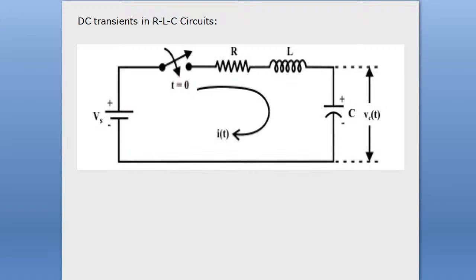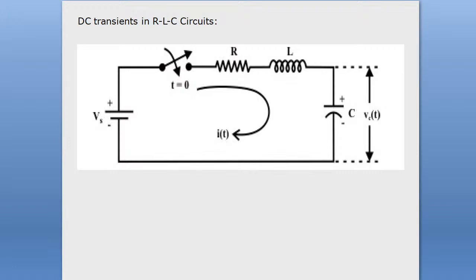But today we will discuss the response, especially the transient response, of a RLC circuit. That means our circuit contains a resistor, capacitor and inductor. Such a circuit can be described by a second order linear ordinary differential equation.